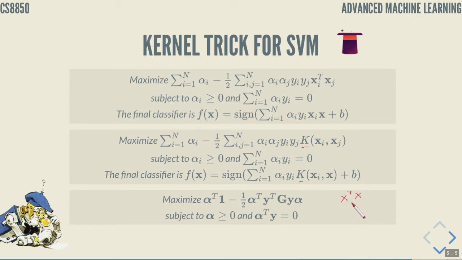It's a matrix of inner products, with x_i x_i on the diagonal and x_i x_j off the diagonal. Basically you obtain this G matrix, which is n by n, number of samples by number of samples.